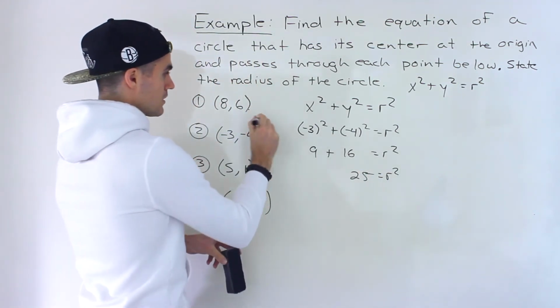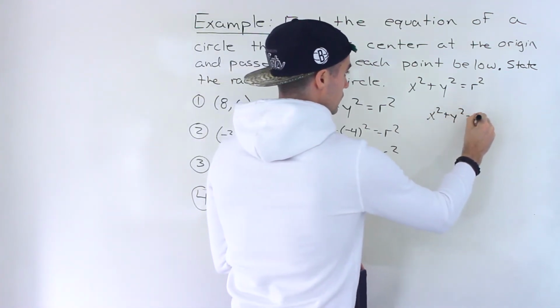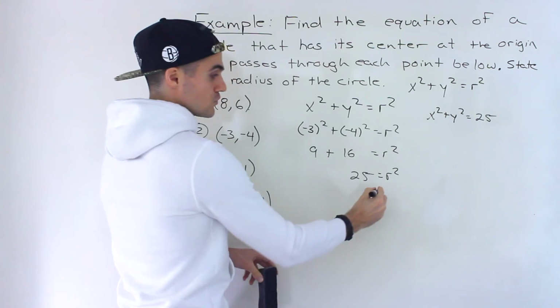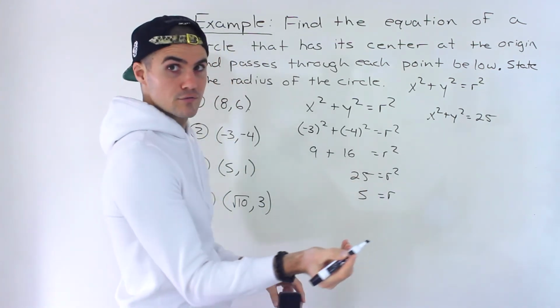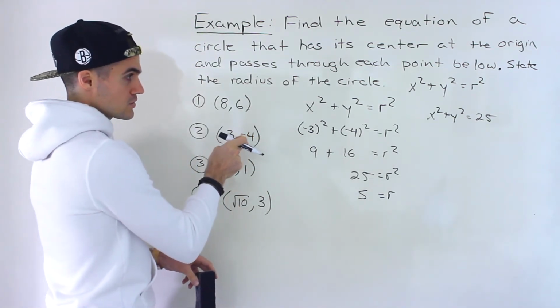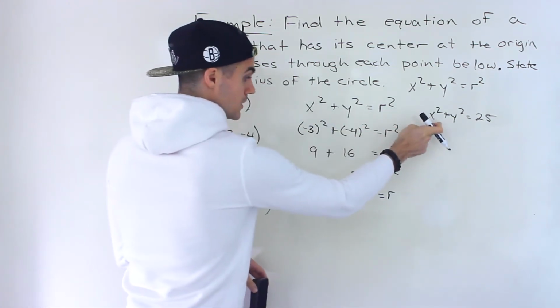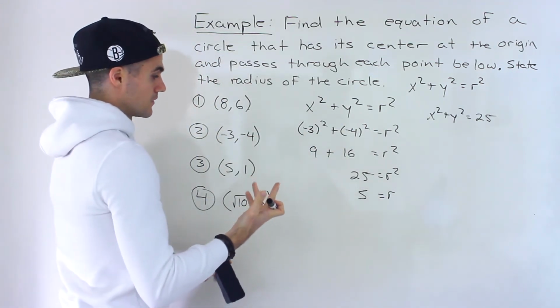So the equation here would be x squared plus y squared is equal to 25. If you want to get the radius, square root this, you would end up with 5. So that's the equation of a circle that has this point on it, and the radius is that right there.